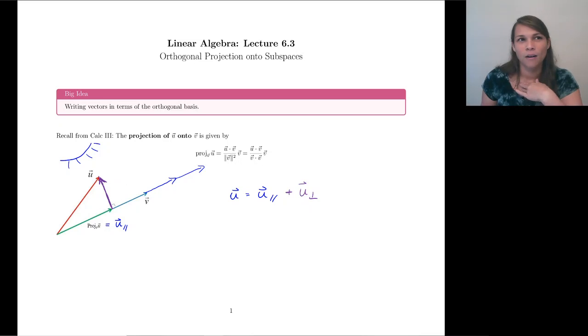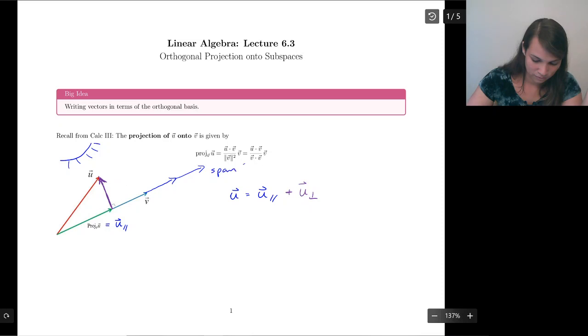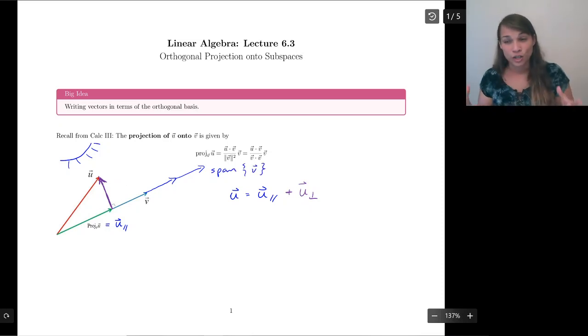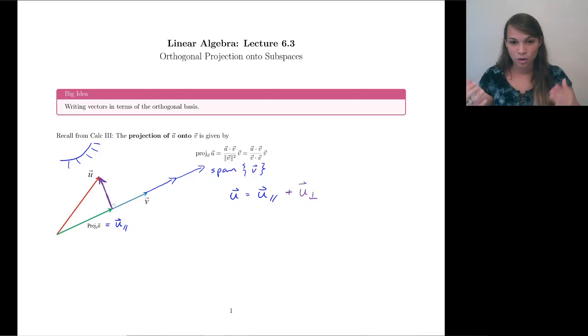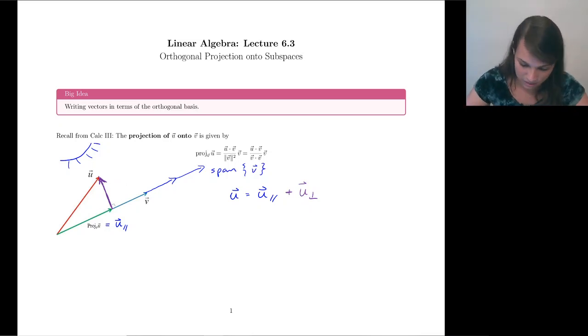So how can we describe the set of all the V's going in that direction? Well, that's the span of V. So instead of just thinking about projecting U onto V, we could think of it as projecting onto any scalar times V. So that would be the span.